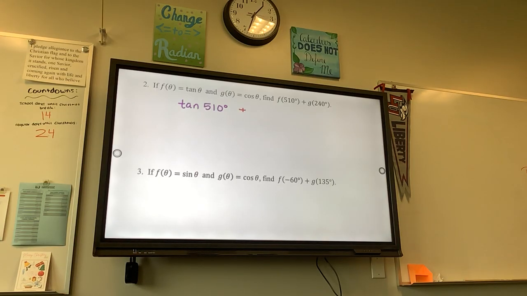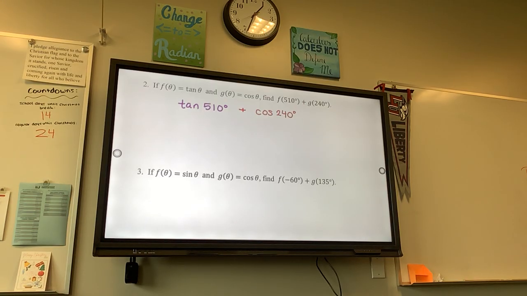And how about g at 240? What? Cosine 240. Any questions on the function part? Because if you can't do that, then you're stuck. You have nothing to stand on here.